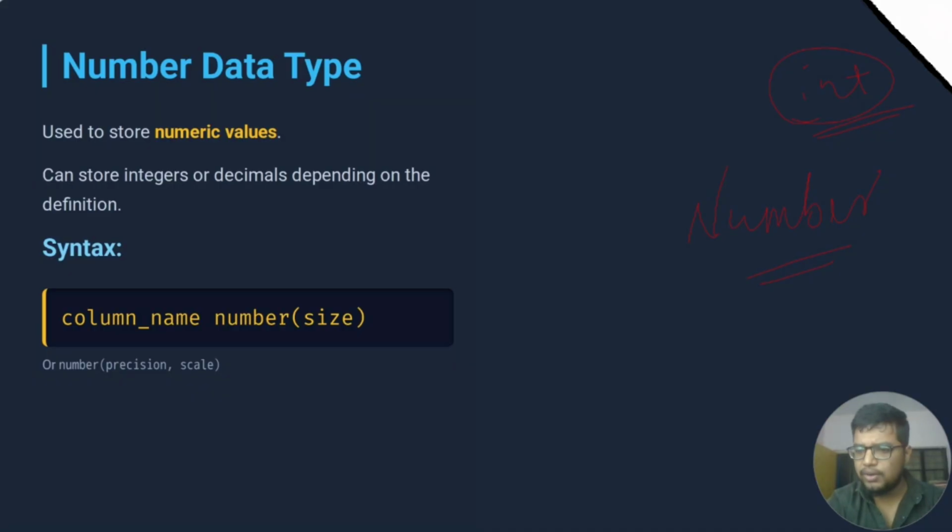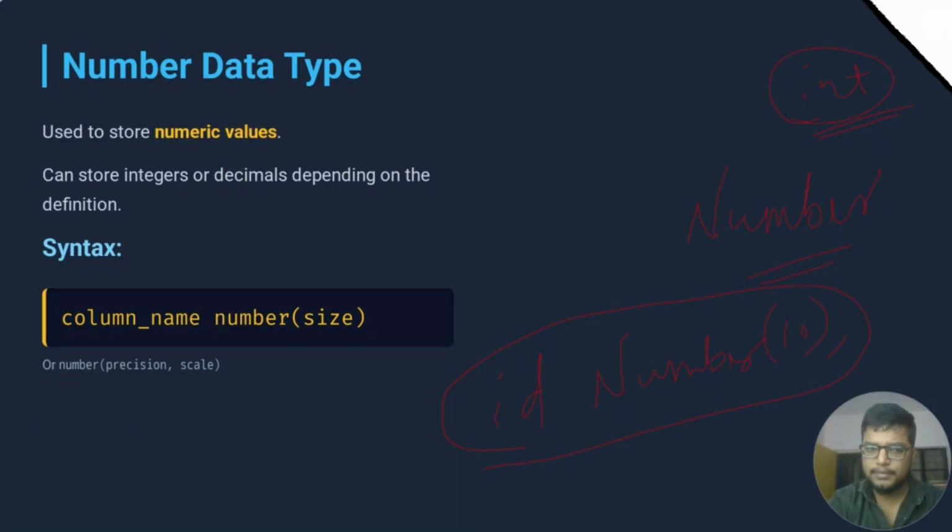Otherwise, MySQL and Oracle SQL are quite the same; approximately 10% of the syntax is different. Whenever we have to store any numeric value, we can take the number data type. Let's assume ID is one column. I give the data type number, and I have to define the size. I'm defining size as 10, and this is enough.